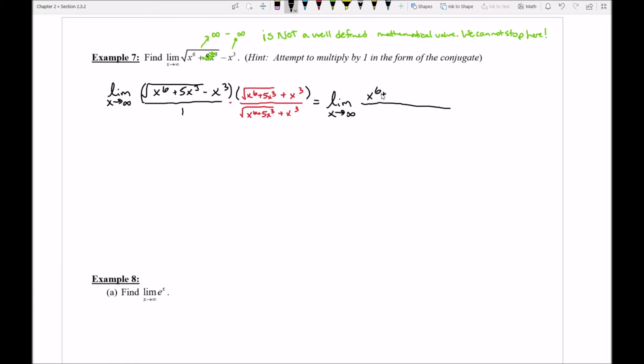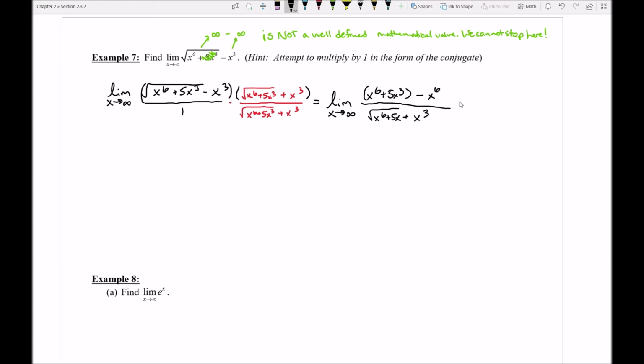So that's going to give me x to the 6th plus 5x to the 3rd. That's what I get when I square the square root. And then I'm going to have minus x to the 3rd squared, or x to the 3rd times x to the 3rd, which is again an x to the 6th. In the denominator, I'm still going to have that square root and my plus x to the 3rd.